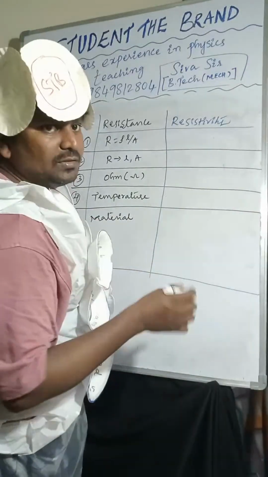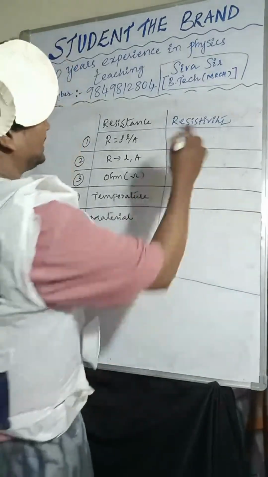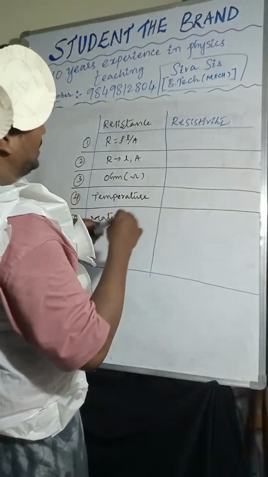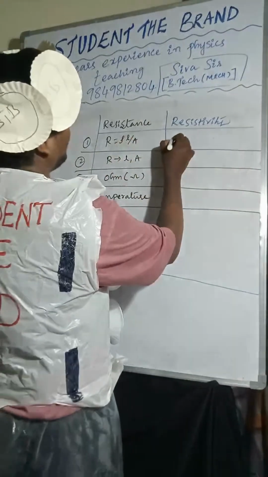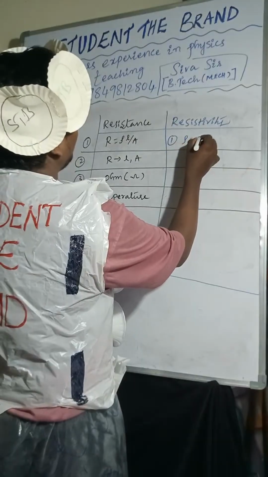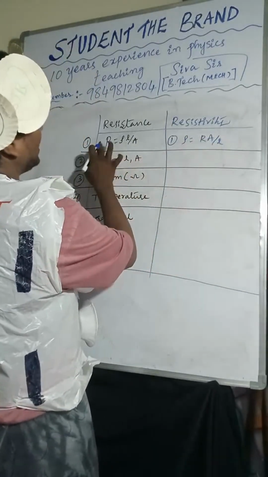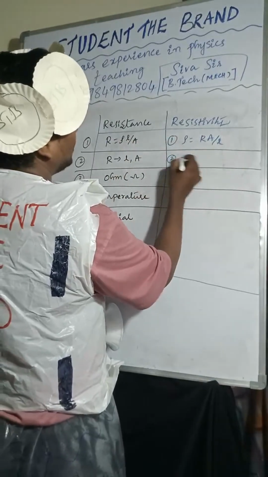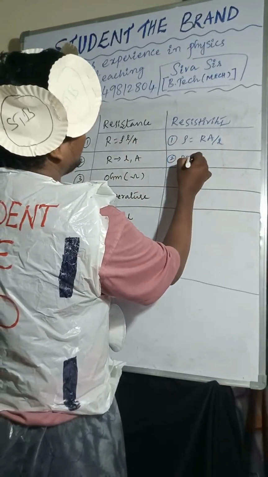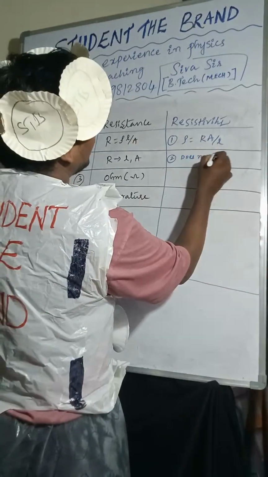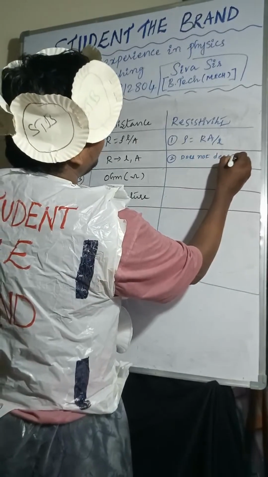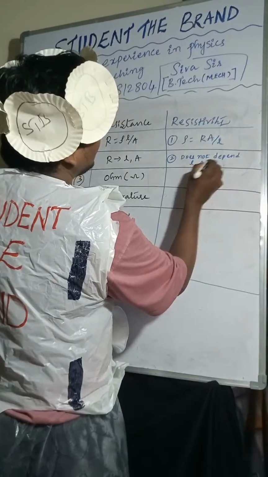Okay, once again, you can check resistivity. First one, the resistivity formula is rho equal to RA by L. Second one, it does not depend on length and area.